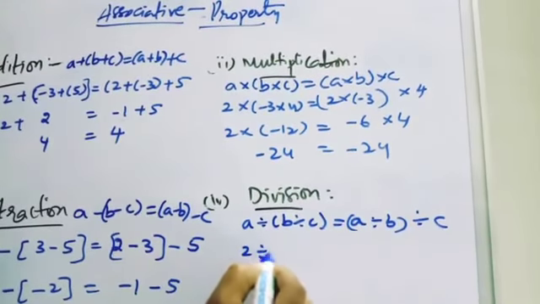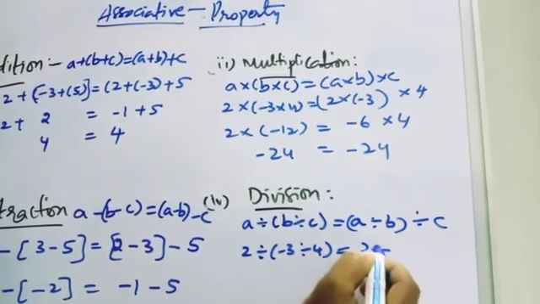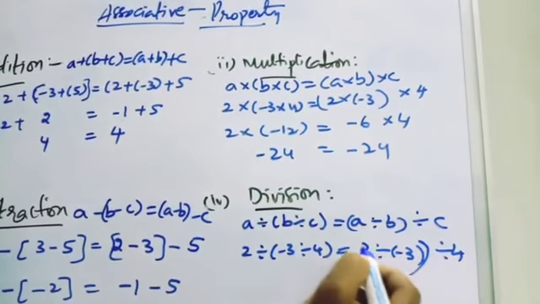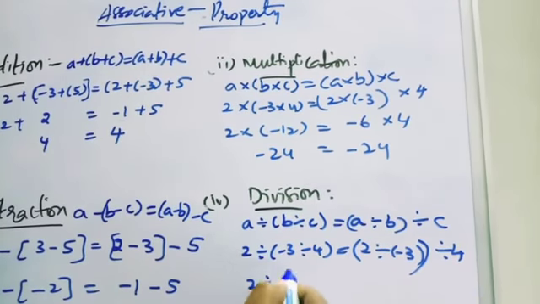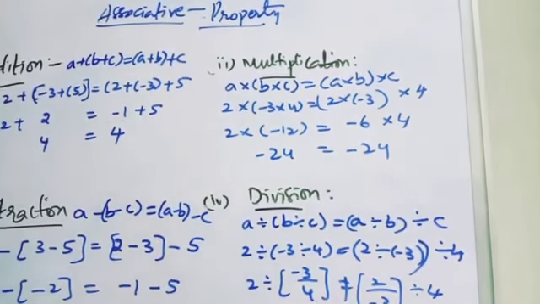I'm taking 2 ÷ (-3 ÷ 4) and (2 ÷ -3) ÷ 4. This is not giving an equal answer. So from this example we can say that division is not associative for integers.